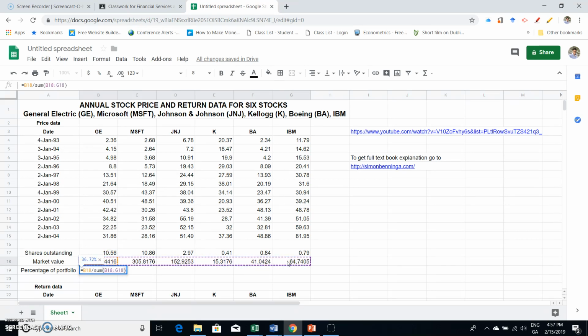So the portfolio would be made up entirely of these particular assets, weighted according to market capitalization.